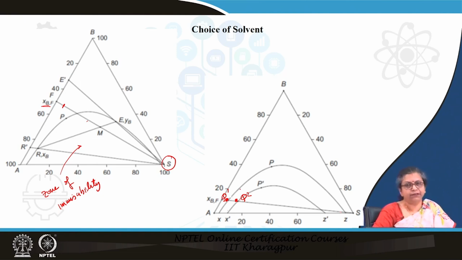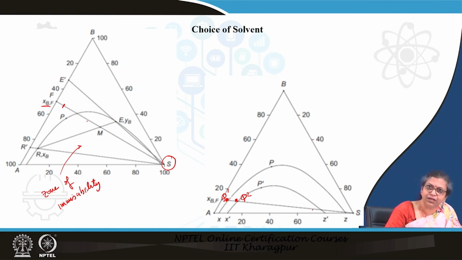So, this is one comparison. The other thing to remember is that this particular zone, for the same solvent, is influenced by temperature, and as we increase the temperature, the liquids get more and more miscible. So, with increase in temperature, the zone of immiscibility shifts from this zone to this zone. Naturally, what does that imply? That we would always like to perform extraction, even with the same solvent, at the lowest admissible temperature.